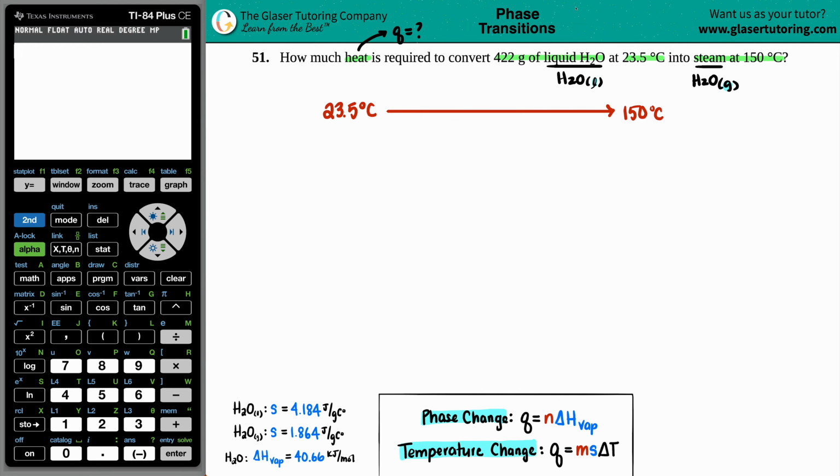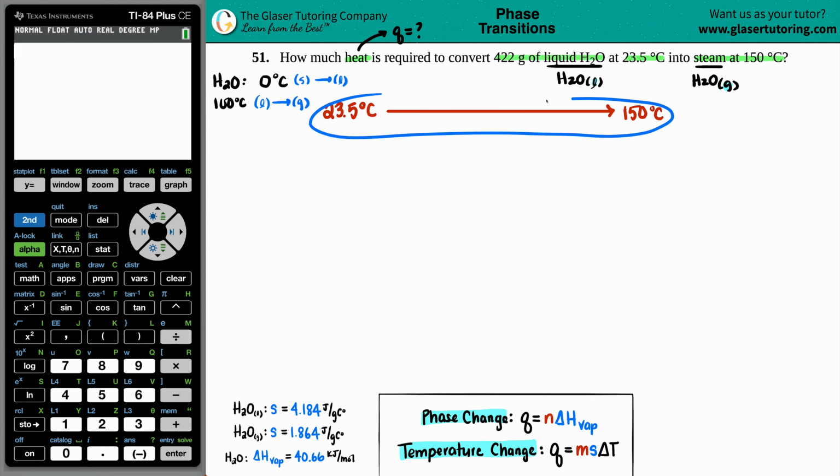For water, and water only, the two temperatures you have to worry about are 0 degrees Celsius and 100 degrees Celsius. 0 degrees Celsius is when your solid, your ice, will melt into the liquid. And 100 degrees Celsius is when the liquid will evaporate and turn into a gas.